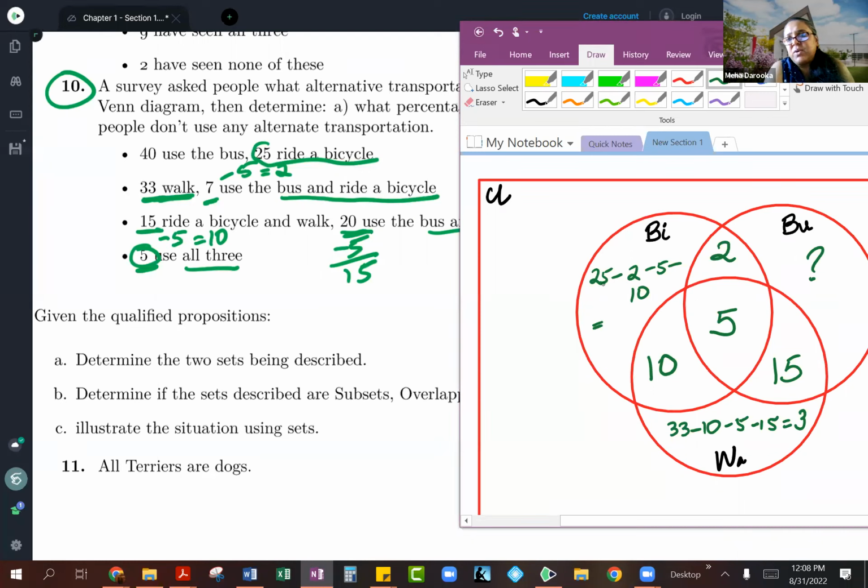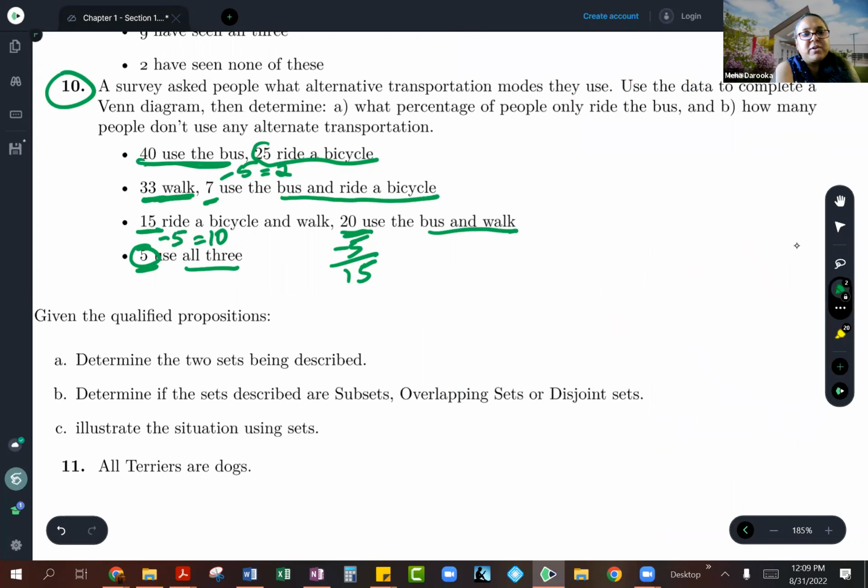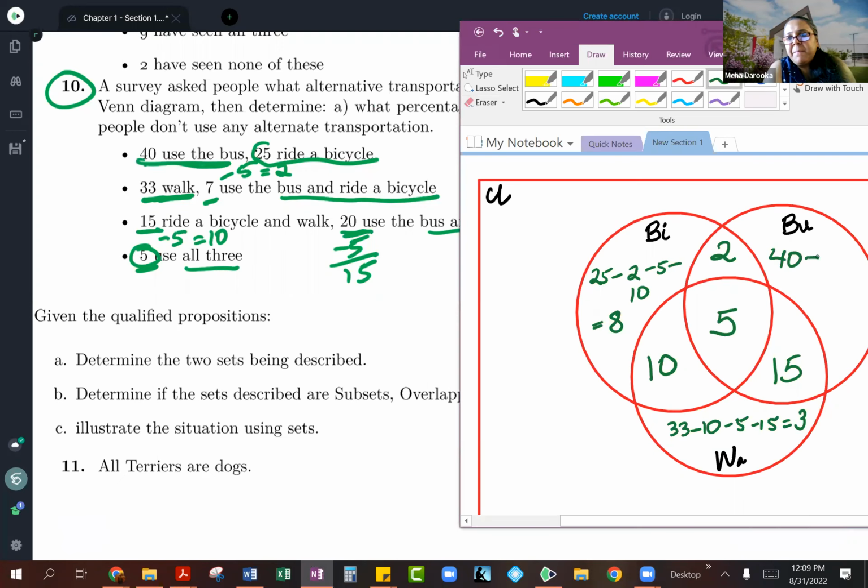So 17 taken away from 25 leaves you with what, 8? So you should have 8 left behind for the bicycle people. And the last one was the bus. All right, Sarah, very nice. The bus would be 40. They're telling us that 40 are using the bus, minus basically the same numbers, 2, 5, and 15. So that is going to be 22. So 22 will leave us with 18, as you guys had.